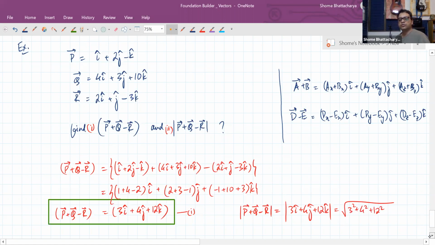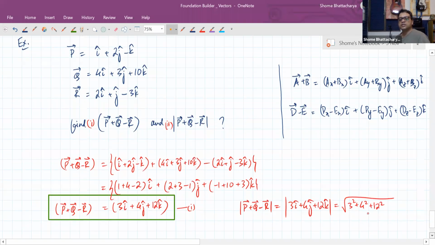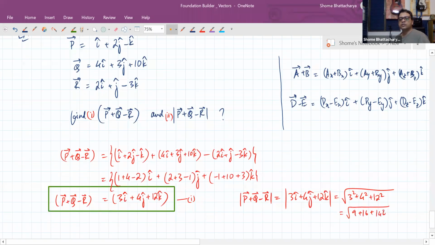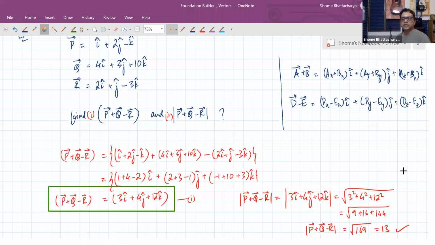So that will be square root of 9 plus 16 plus 144. When you work it out, that is square root of 169, which is nothing but 13. So it's an extremely simple number that we come to at the end of the day. So mod of P plus Q minus R comes out to be this answer. So this is your second part's answer.